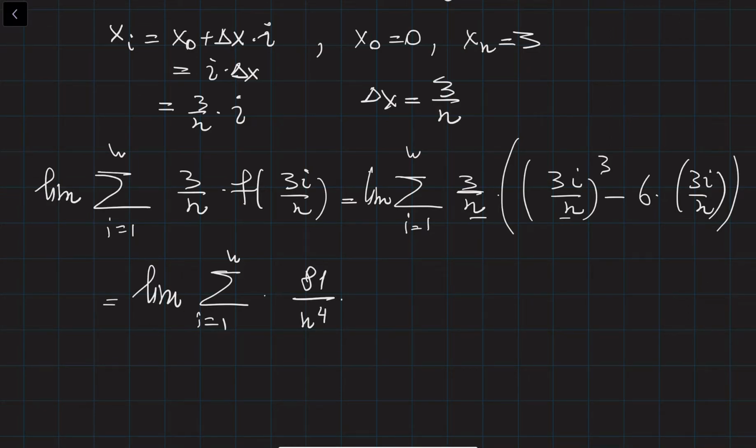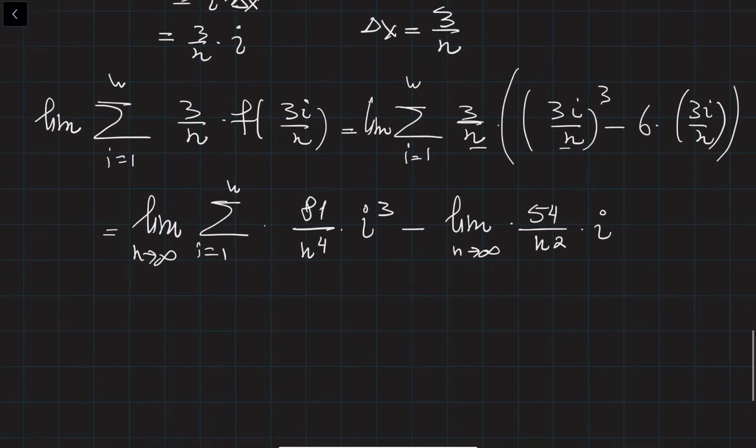So this is multiplied by i in the cube. Okay, so minus, let me write this down as a separate limit because we can split the limit into two pieces. So minus, 3 times 6 times 3 is going to be equal to 54 divided by n in the square times i, right? So this is what we have.